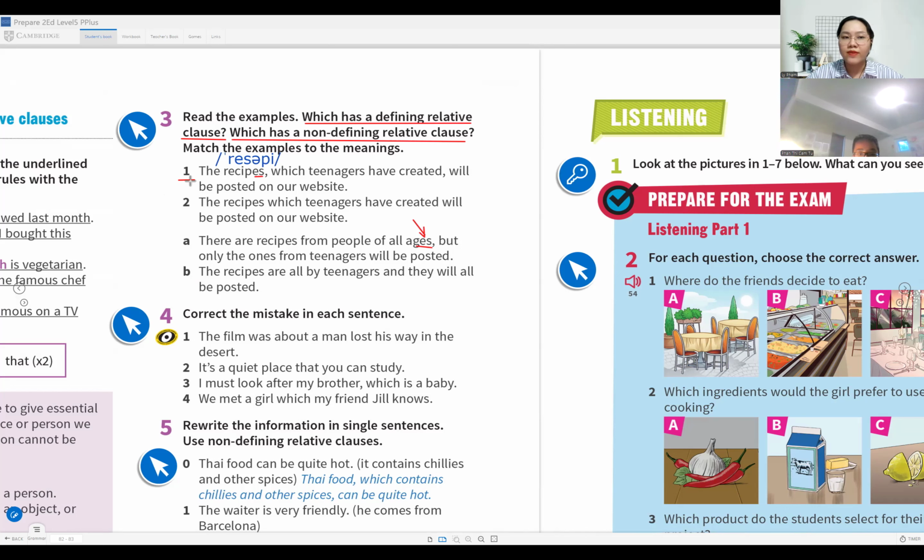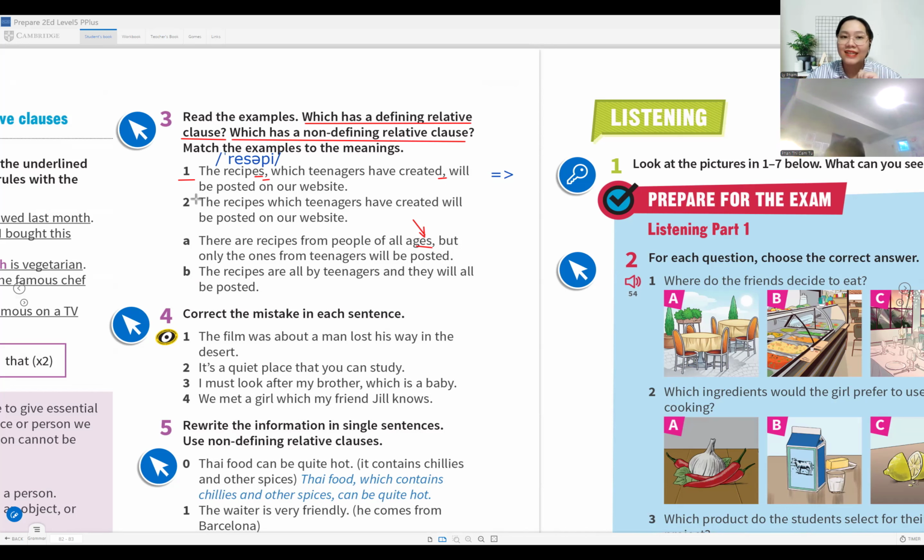So for sentence number 1 here, does it have a defining relative clause or a non-defining relative clause? Yes, we can see a comma and another comma, which means we can omit the clause here, right?